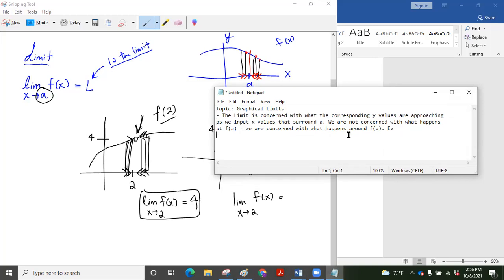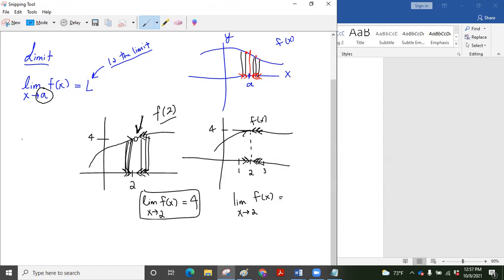And the second point is that even if f of a is undefined, you can still have a limit exist at the undefined point. That's another note there.